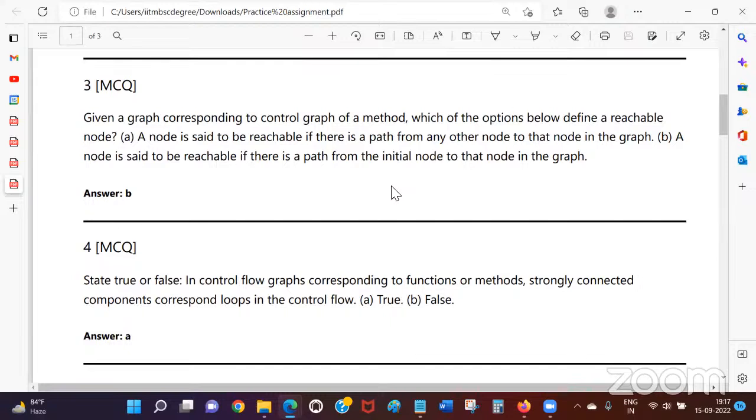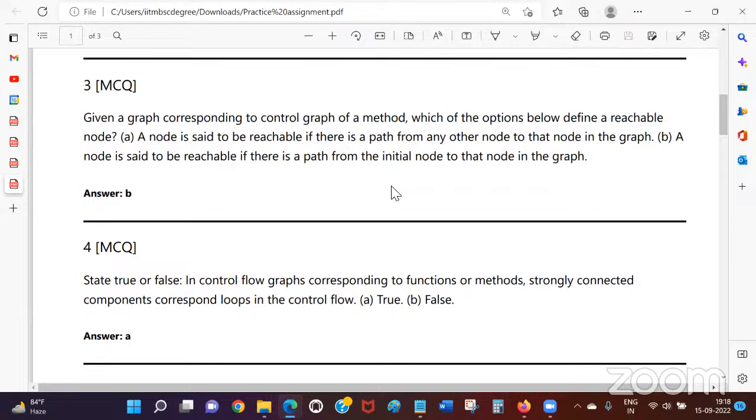Okay. Given a graph corresponding to the control graph of a method, which option below defines a reachable node? A reachable node is something which is reachable from the initial node, or any of the initial nodes if I have multiple initial nodes. A node reachable if there is a path from any other node to that node? No, that's a connected node.